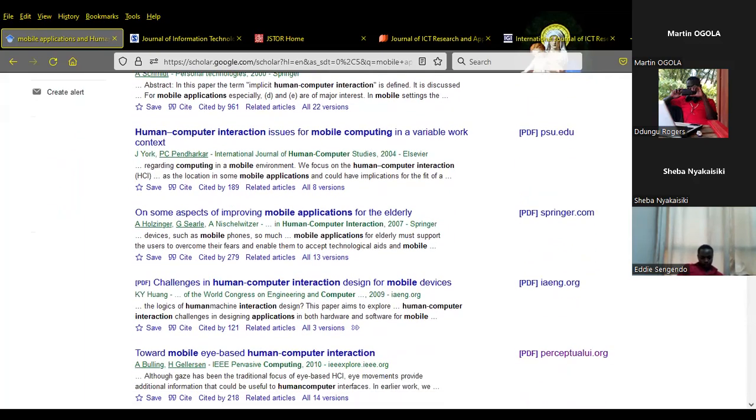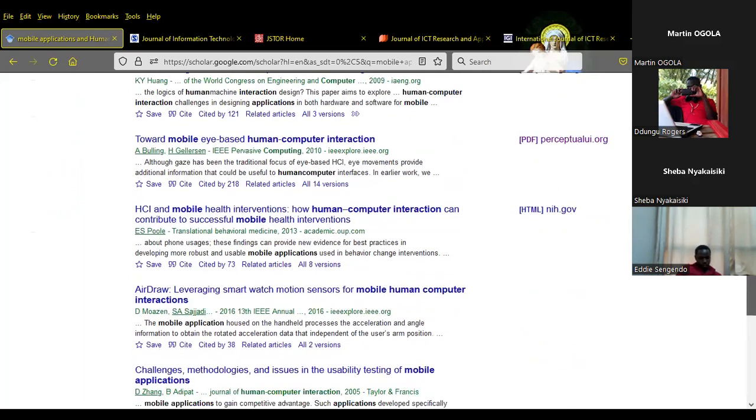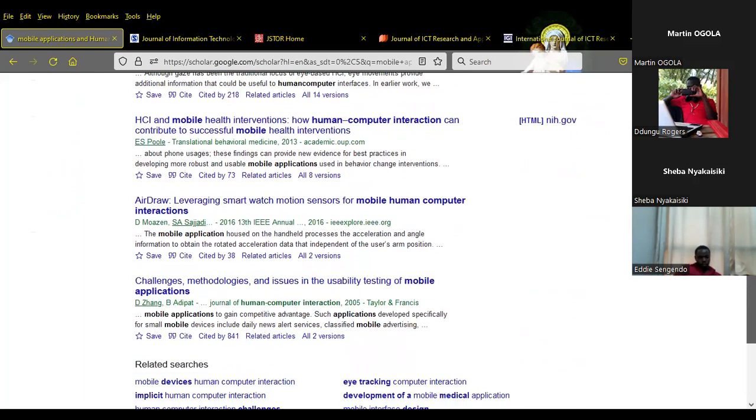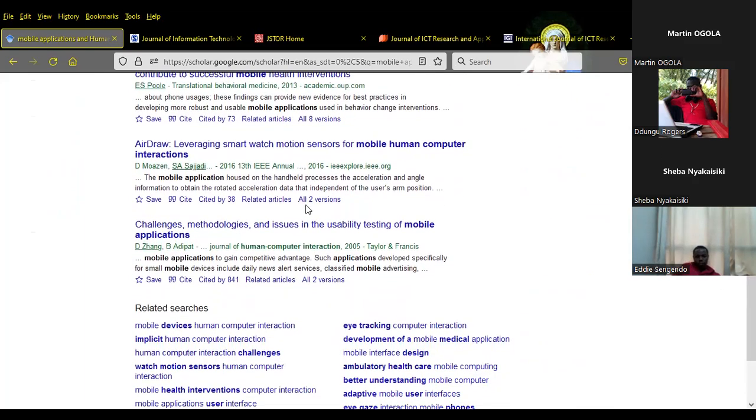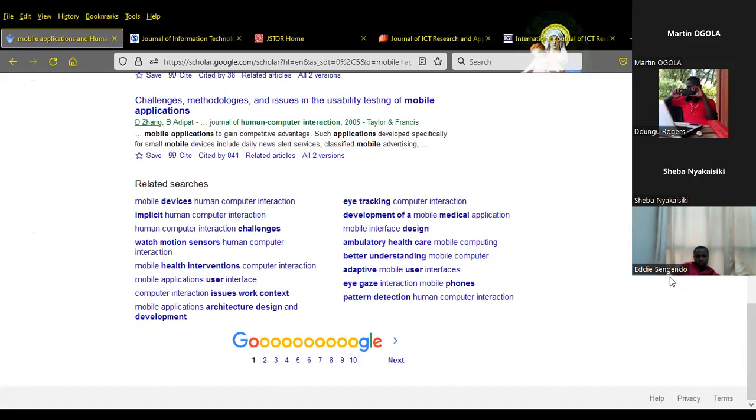Look at the dates. If we talked about state-of-the-art research, look at the dates of publication. They should be able to tell you how recent the research is.